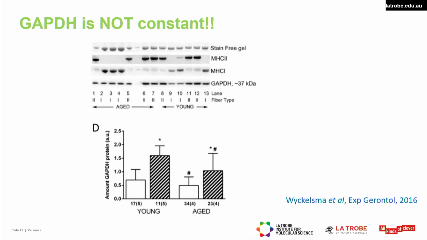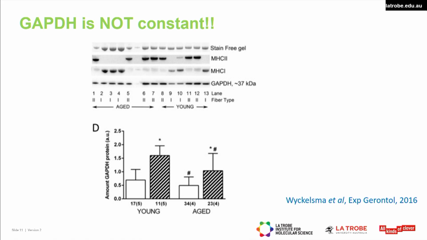And I just wanted to show this because I think it's particularly important to think about loading controls. If you're going to look at muscle heterogeneity or something that will influence the fibre type distribution, if you use a protein such as GAPDH, it's not ideal because GAPDH, as an example, is twofold higher in type 2 muscle fibres compared to type 1 muscle fibres, whether the samples are from a young person or from an older person.